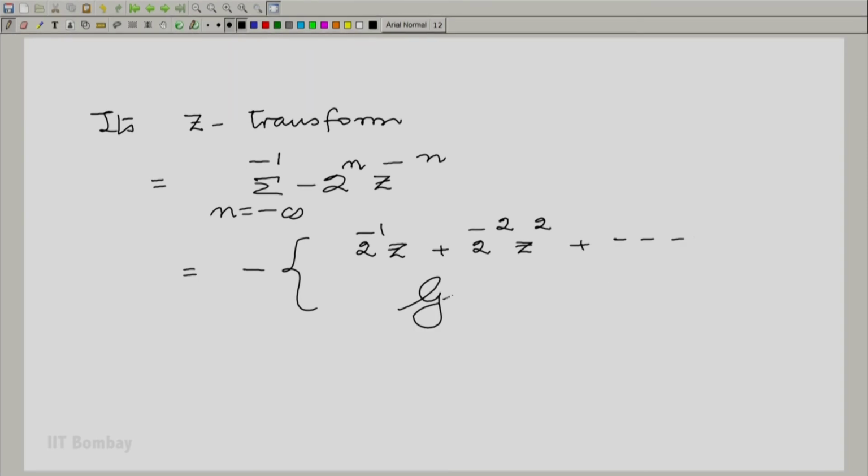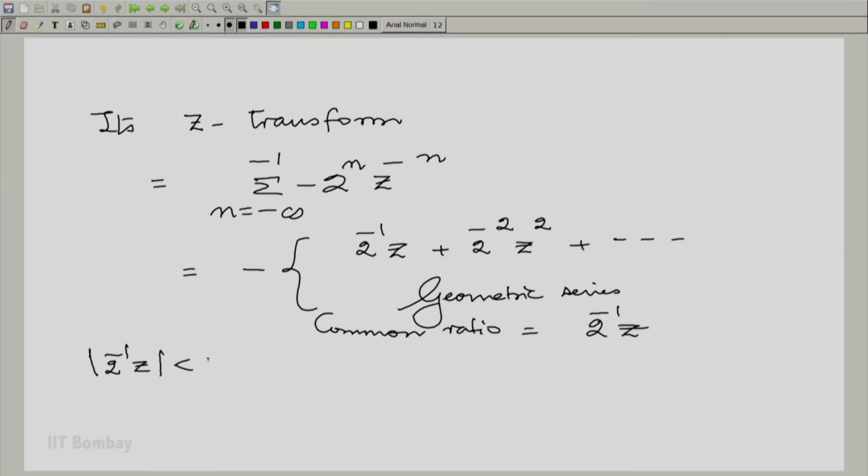So, it is very simple, it is a geometric series again with a common ratio equal to 2 inverse Z, and you need this common ratio 2 inverse Z to have a magnitude less than 1, which means mod Z now needs to be less than 2, remember. And now you can sum this.